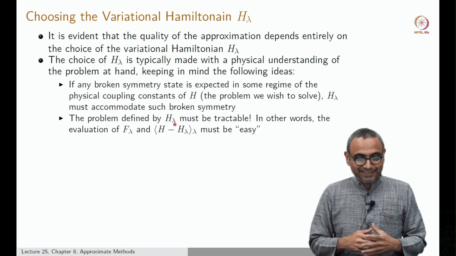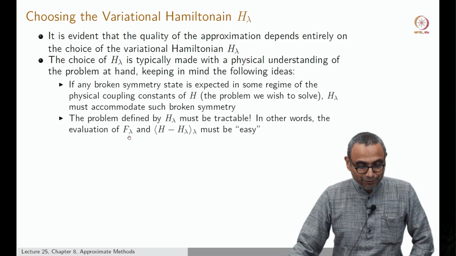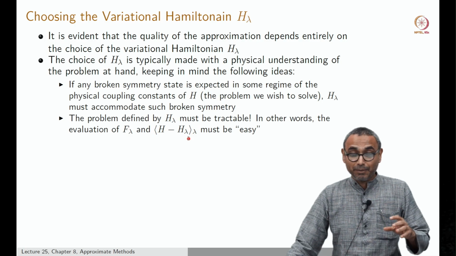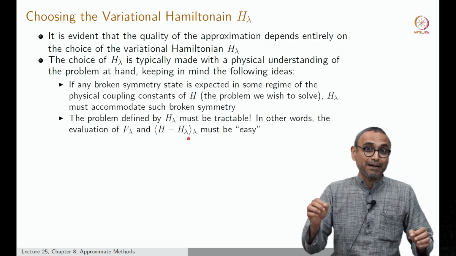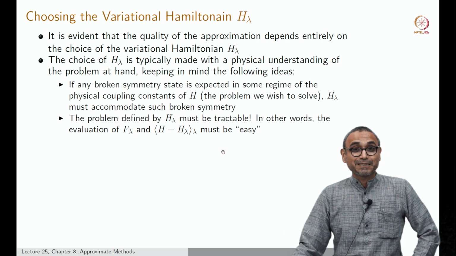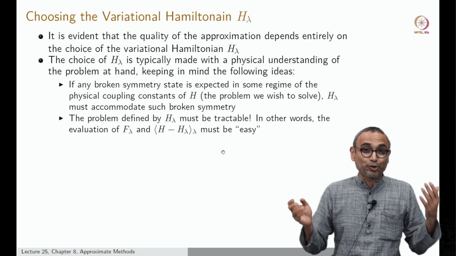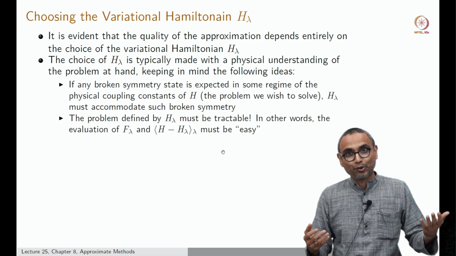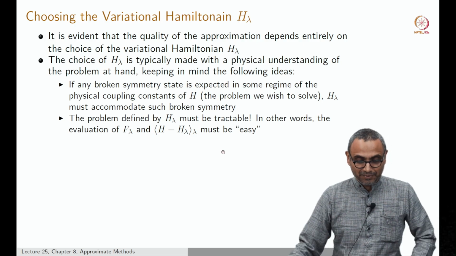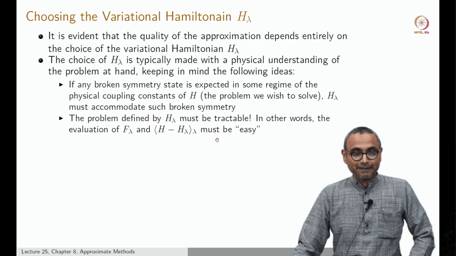So in other words, the evaluation of F lambda and H minus H lambda on the lambda ensemble, remember you have to evaluate this probably for many lambdas because you want to find a minimum and so on, must be easy. It should not be as complicated as your original problem. You must be able to do this with fewer resources and less difficulty.